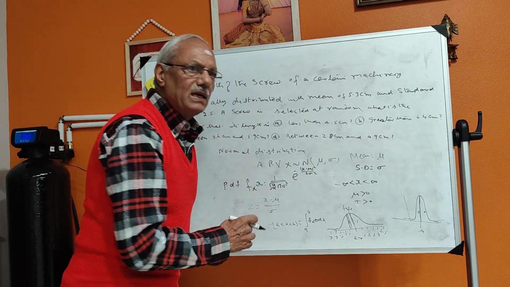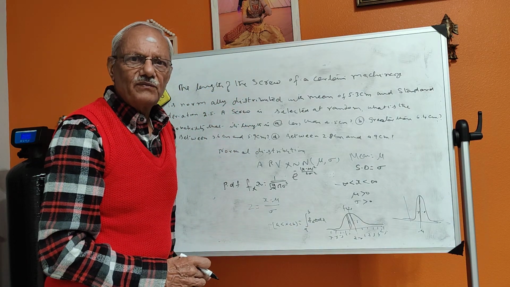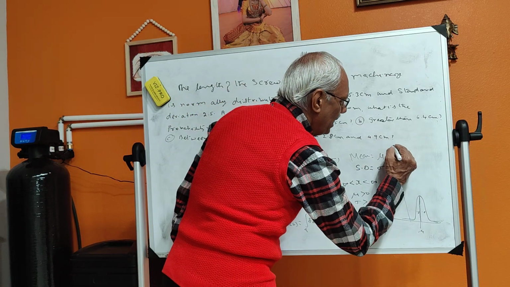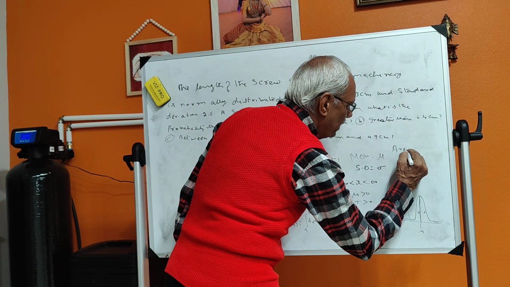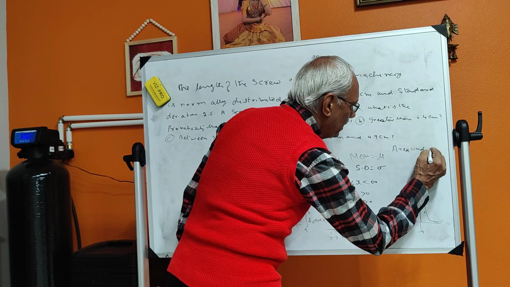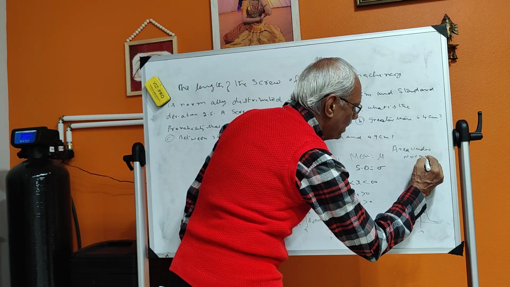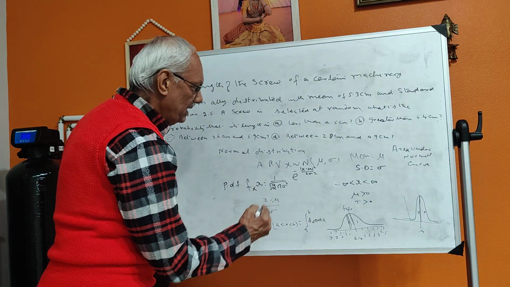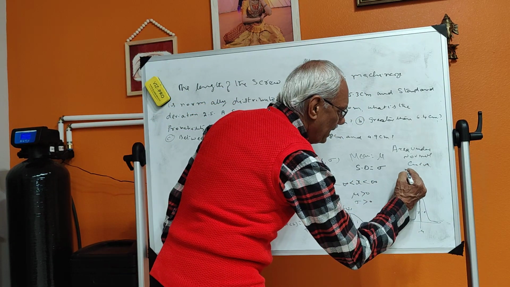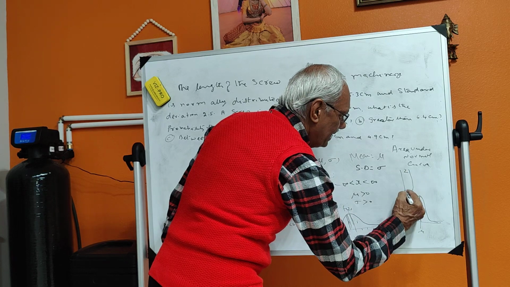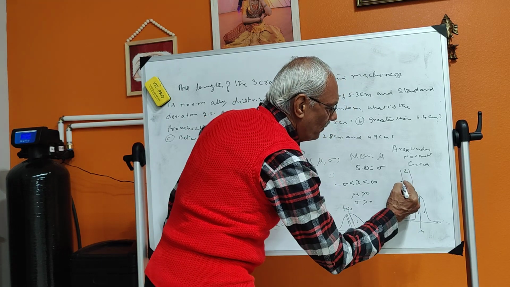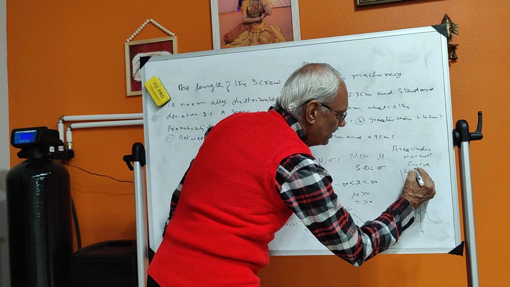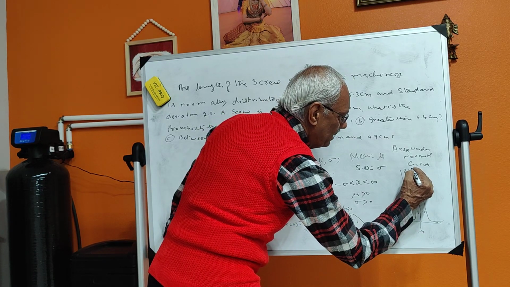Instead of using the integral and finding the probabilities, we have what is called the area under the normal curve table, in which we are given the z values and the corresponding values for mean 0.